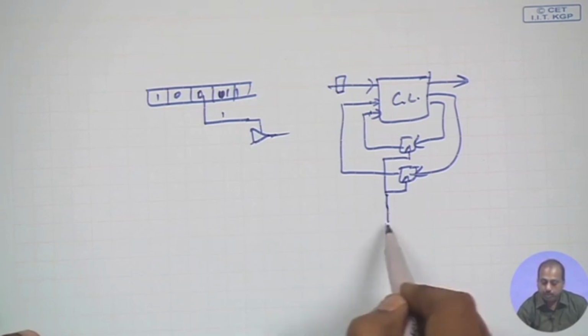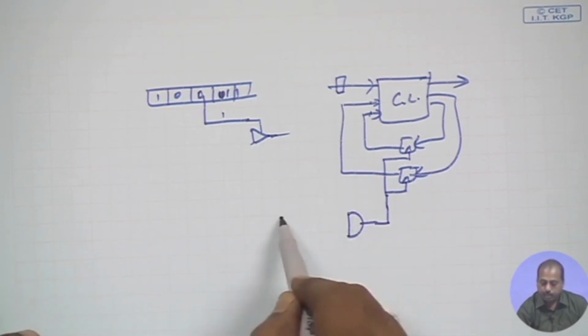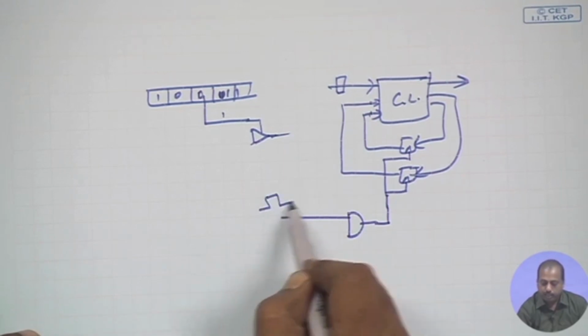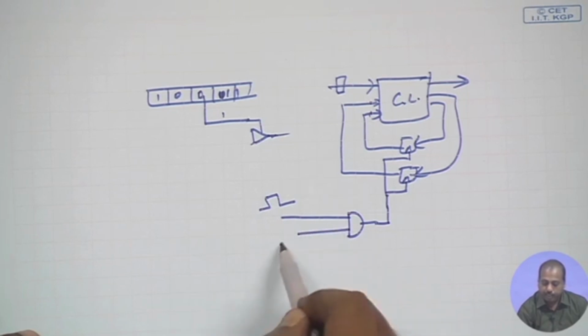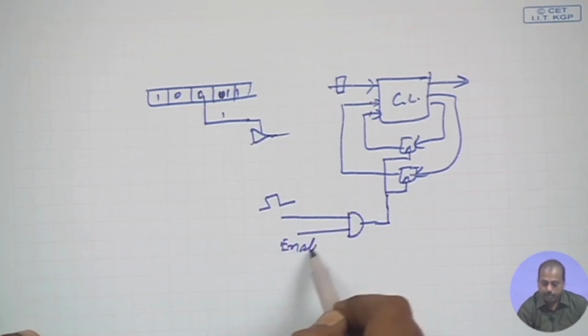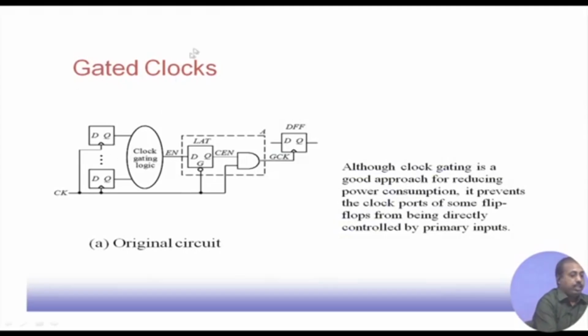So, to do this clock gating, what we have to do is put some sort of AND gate. Here I have got the actual clock signal, and I have got some enable line here. When enable is equal to 1, then the clock will go. If enable is equal to 0, then the clock will not go. So, in this case I have got these outputs driving this clock gating logic.